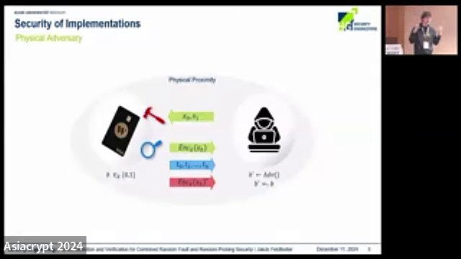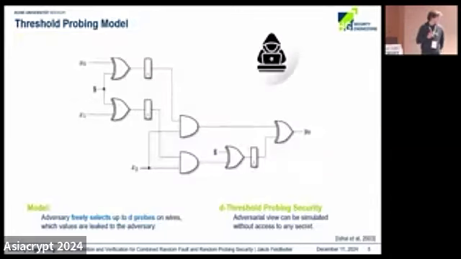But I want to abstract away from specific attacks, and talk about general models, how to argue about security or insecurity in those settings. So let's focus first on the side channel part of this. And one classical method of analysis, or a usual model for analysis, is the so-called threshold probing model.